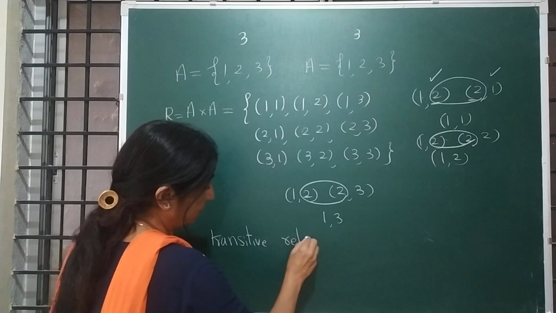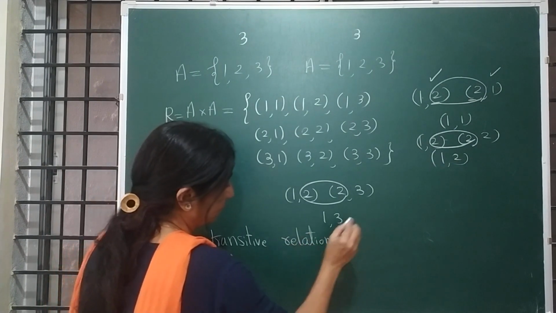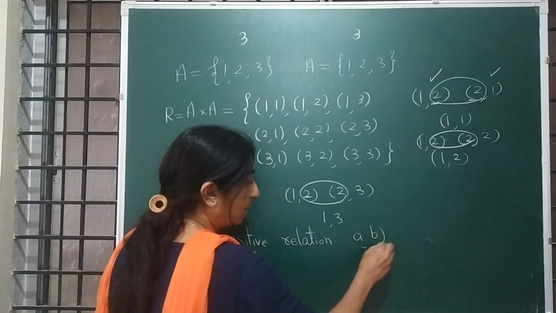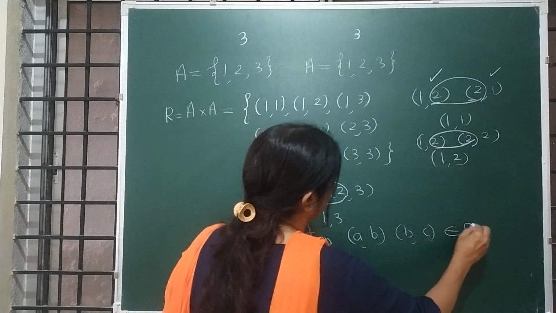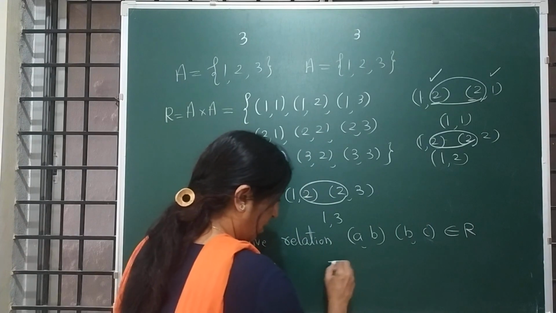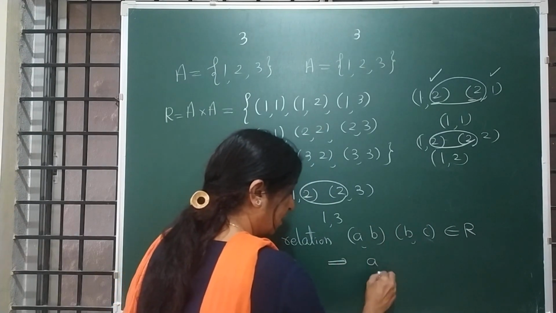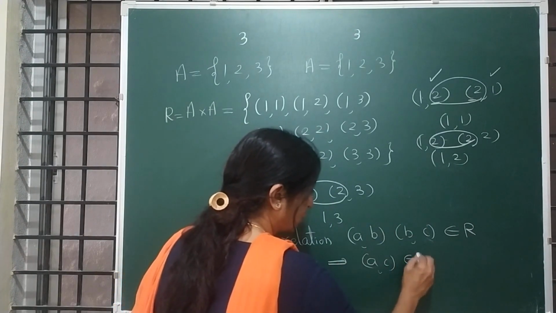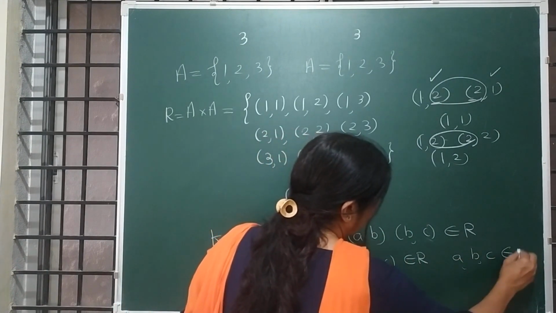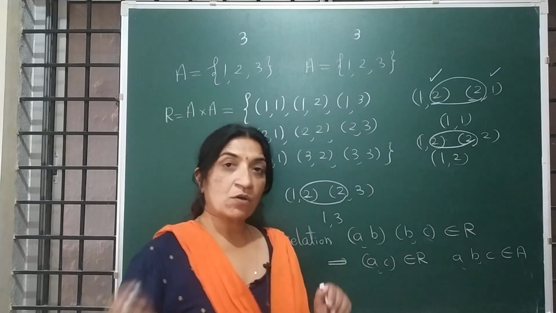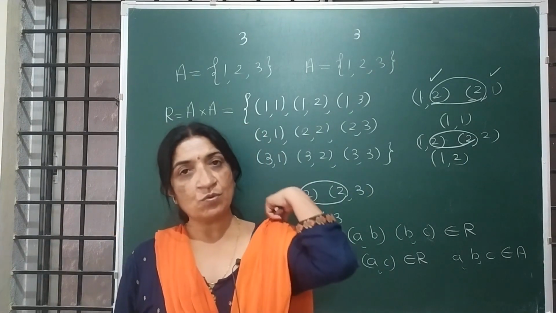How do you write it in general? Transitive relation: (A, B), next starting with B: (B, C). Both are present in the relation R. After eliminating B, (A, C) belongs to R. Again A, B, C are from the set A. So this we are calling a transitive relation.